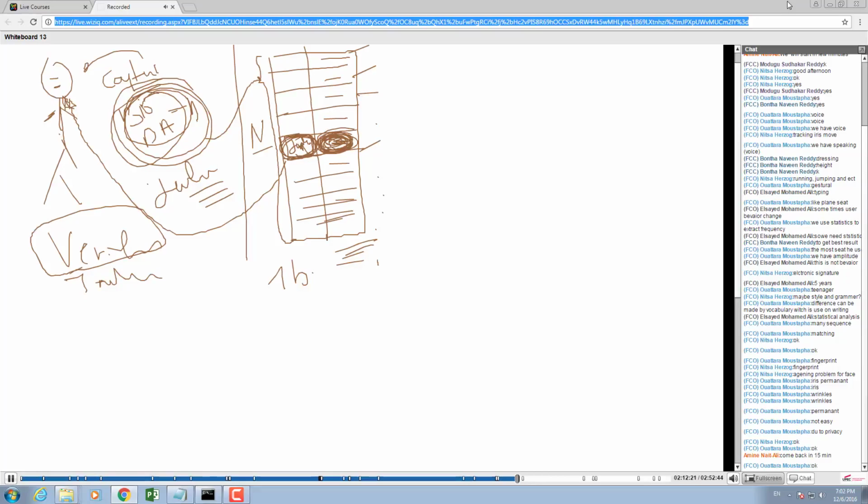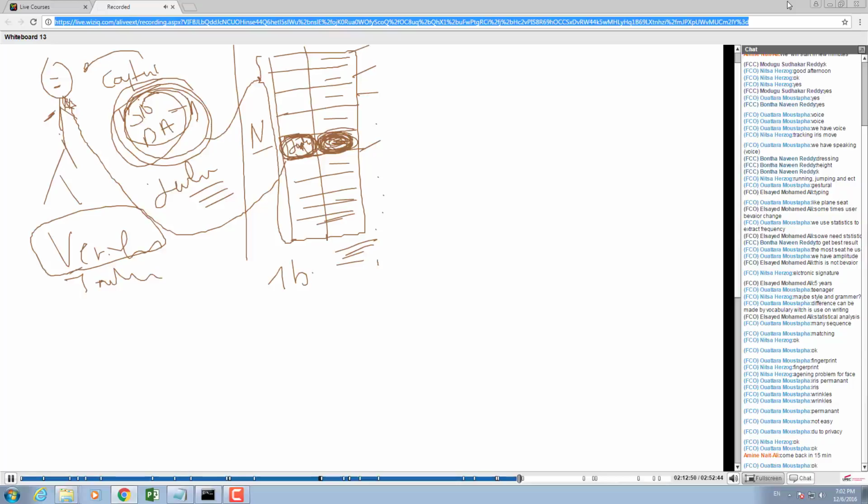Okay, it will be an identification. In crime investigation, yes, it will be the same. Maybe they find some fingerprints, but there is no suspect. So they compare these fingerprints to their database. If there is any matching, they can say probably this guy is this one.